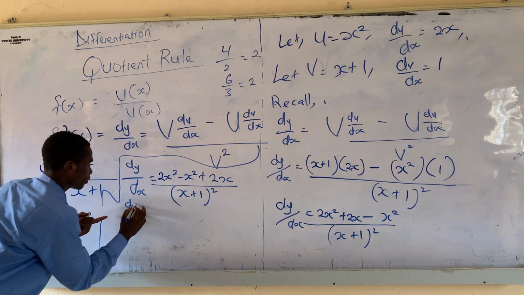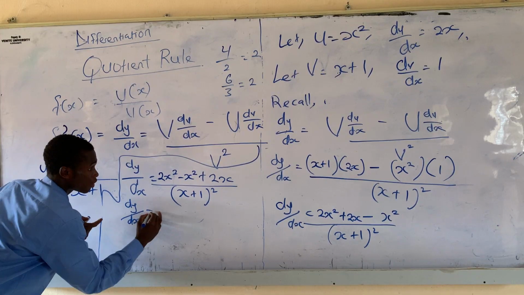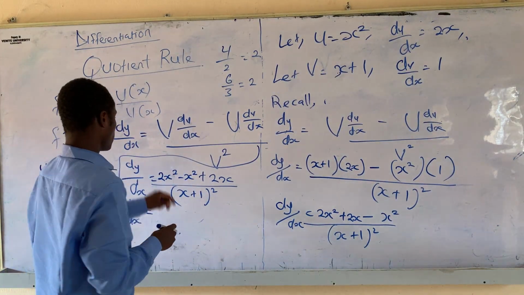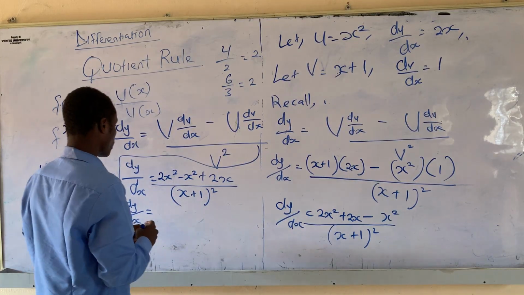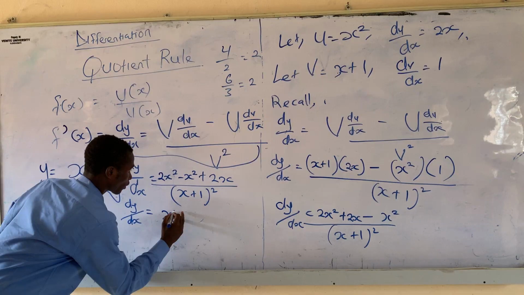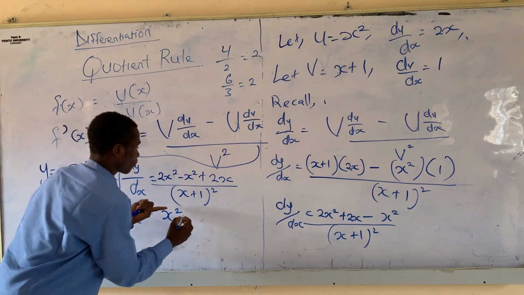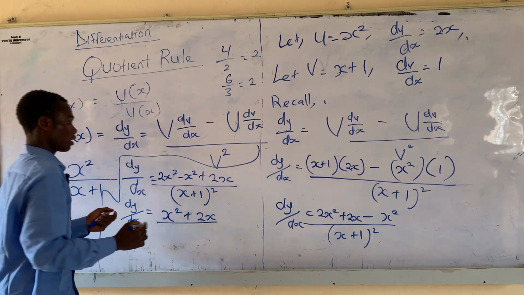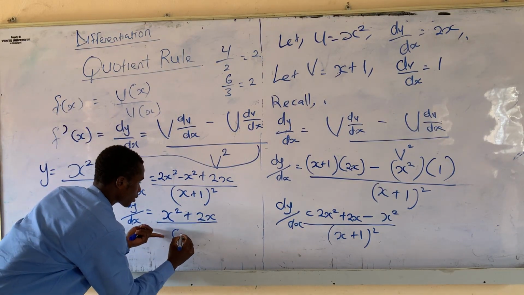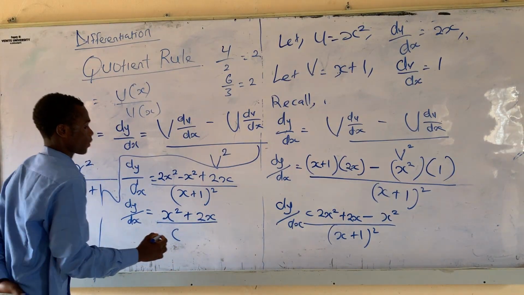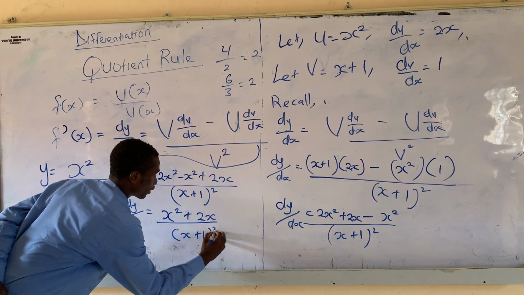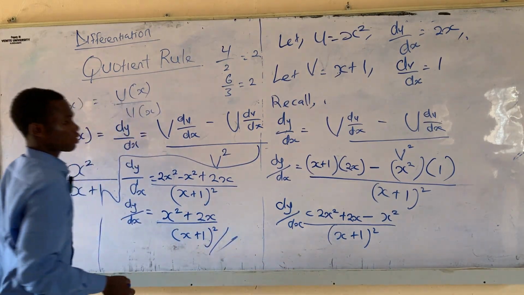Then our dy over dx is equal to 2x squared minus x squared, which is x squared, plus 2x all over x plus 1 raised to 2.